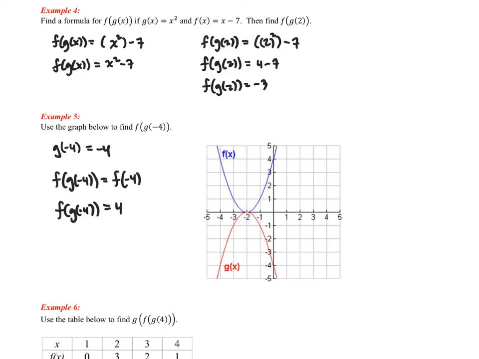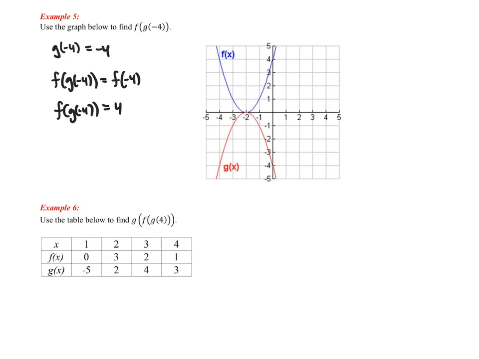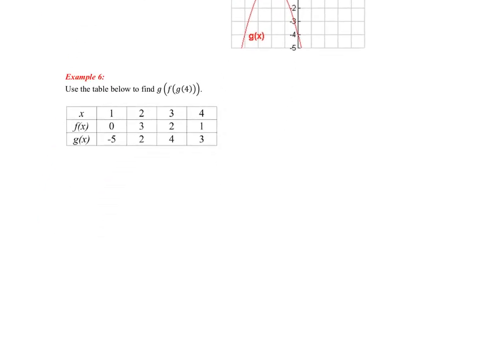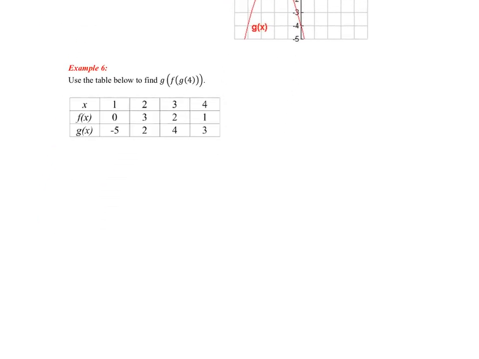All right, let's look at the same concept now using a table. So we want to use the table below to find g of f of g of 4. So I'm going to work my way inside out. First, I'm going to find g of 4. Looks like g of 4 is 3. Now I want to find f of g of 4, which is going to be equivalent to f of 3.